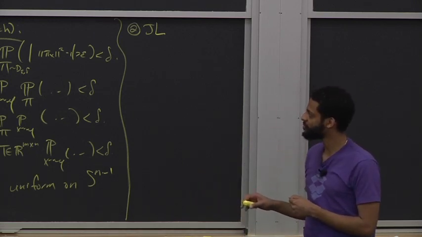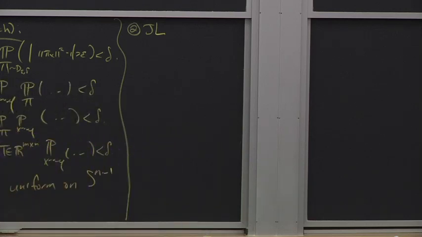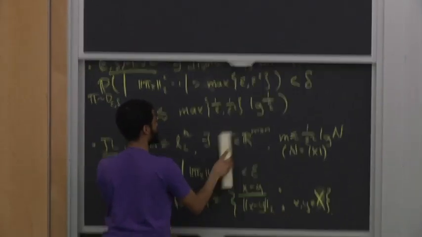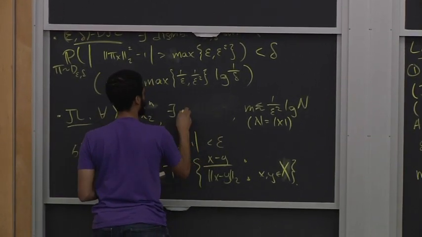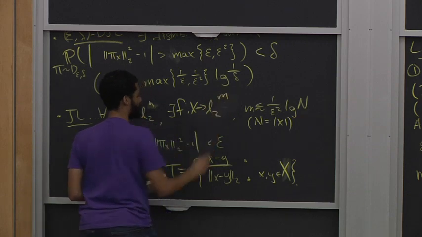In JL, actually, I shouldn't even write it this way. The way I wrote JL, so there exists, let's say, a function f mapping x to L2 to the m.